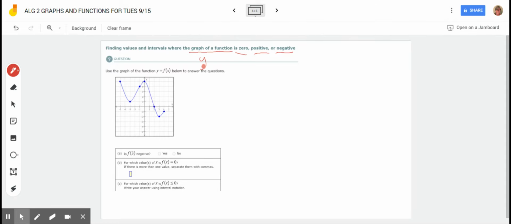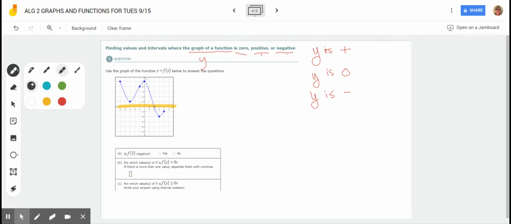It's literally asking you where y is positive, where y is 0, and where y is negative. You know this because look, x is the horizon. X is 0.